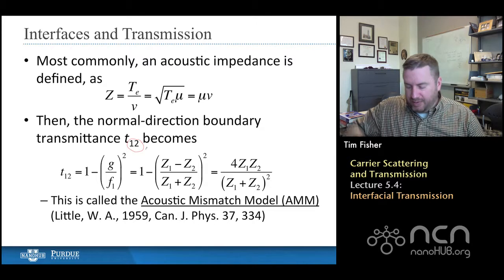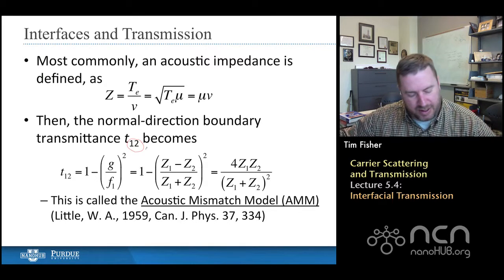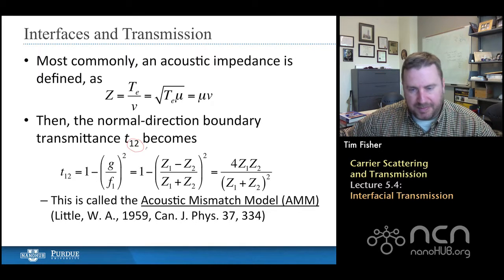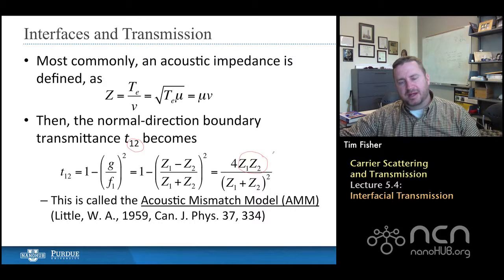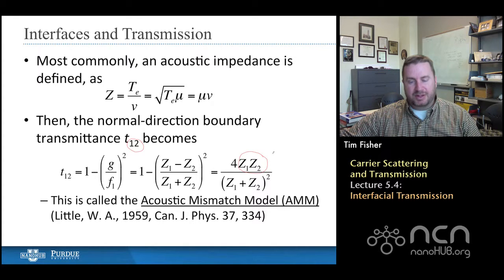In the end, the way that you'll commonly see this written is as 4 times the product of the acoustic impedances divided by the sum squared of the acoustic impedances. And of course, if the two media 1 and 2 have the same acoustic impedance, then the transmittance will be 1, because I'll have 4 times Z1 times Z2 in the numerator, and I'll have the same thing in the denominator.